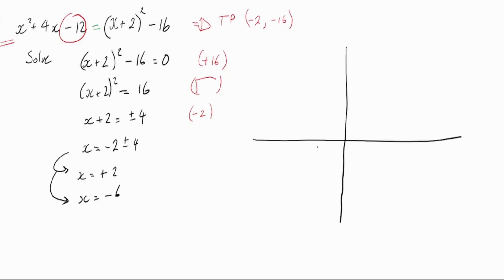First thing, let's get the turning point, minus 2, minus 16. So I'm going to judge it to be there. It cuts through at minus 12, so it's going to cut there at minus 12. And I know it's positive, so it is going to look like that. But I also know that it goes through plus 2 here, and it goes through here at minus 6, and that's the full sketch of it.